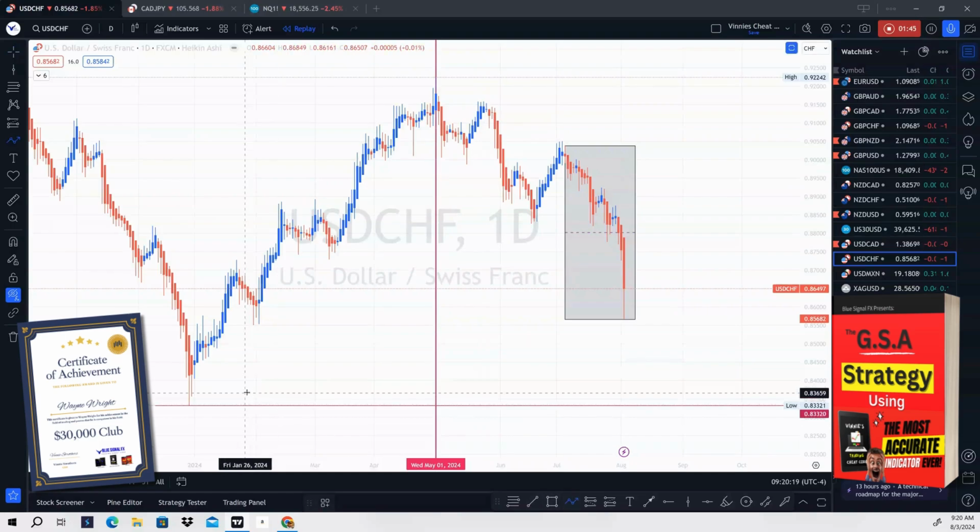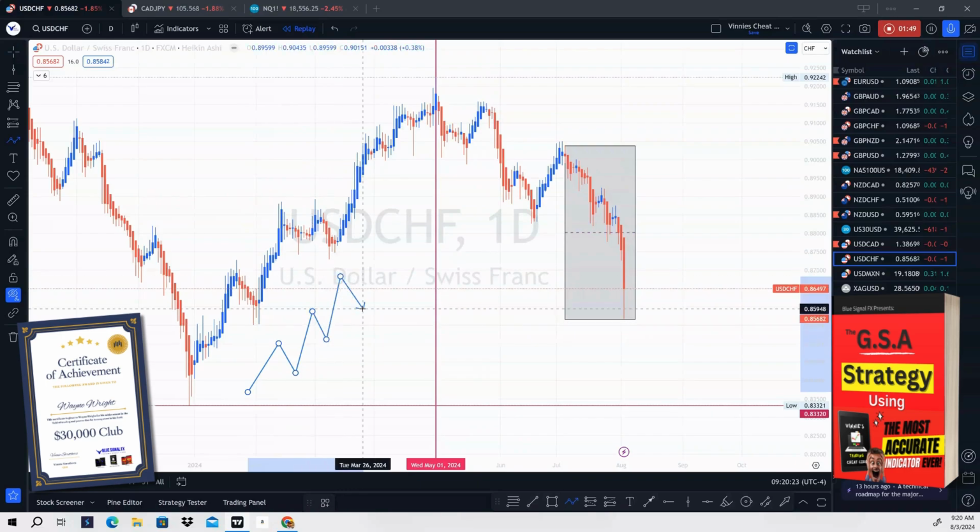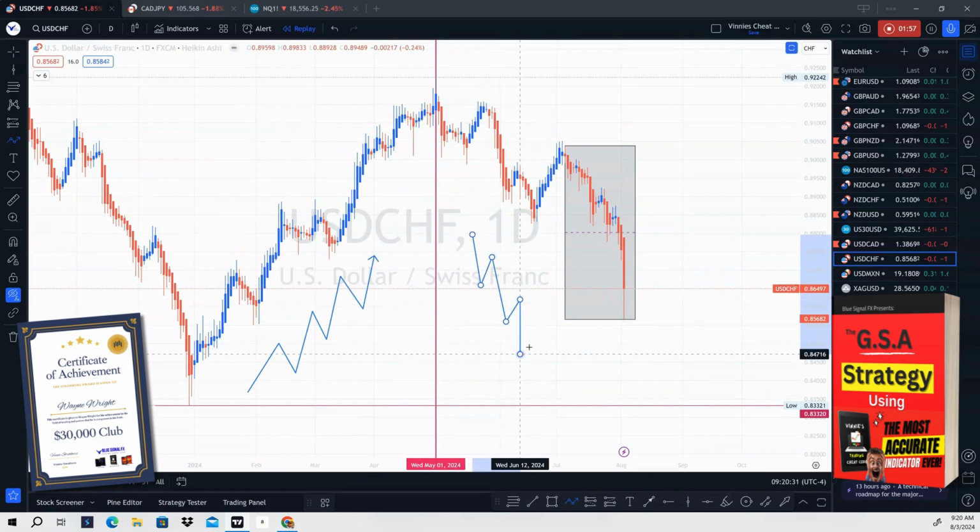On this side, price was making higher highs, higher lows, and on this side, price was making lower lows and lower highs, right? So on this side, we would have been looking for buy opportunities, and on this side, we are looking for sell opportunities.